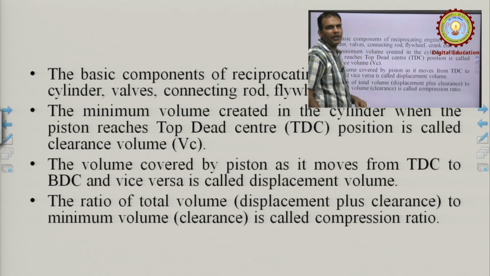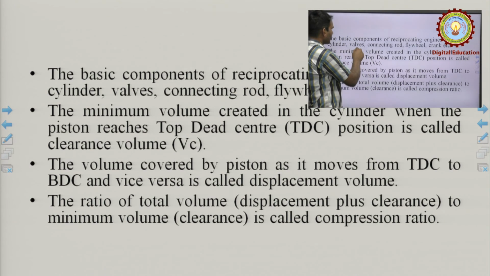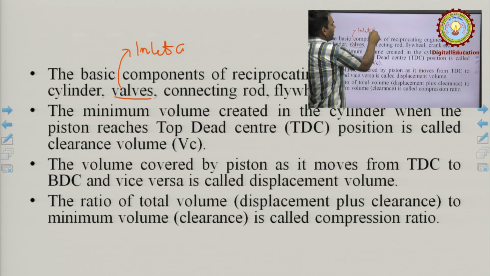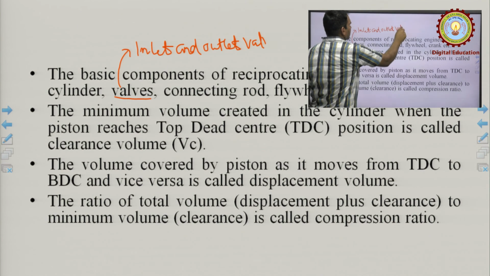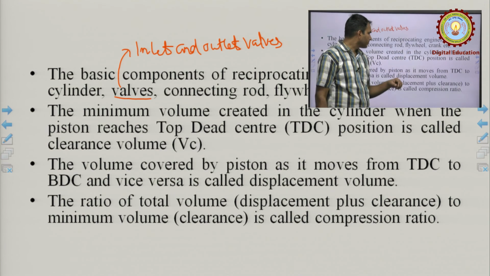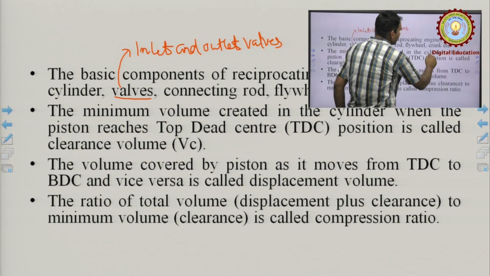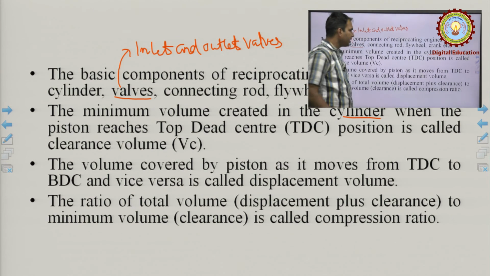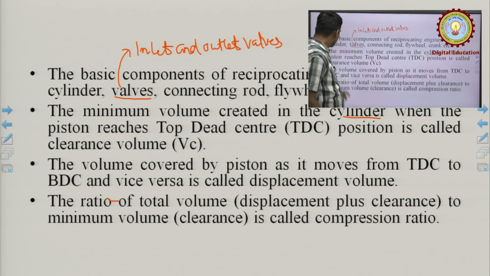The basic components of a reciprocating engine are piston, cylinder, valves, that is inlet and outlet valves, connecting rod, flywheel, and crank. The minimum volume created inside the cylinder when the piston reaches the TDC position is called clearance volume, like in this diagram you can see.